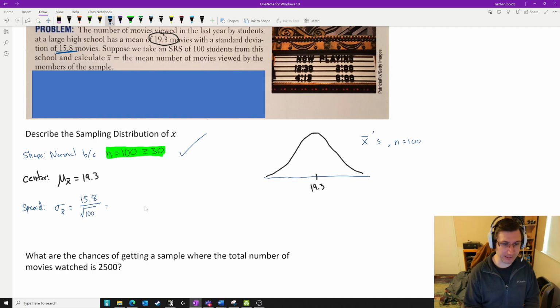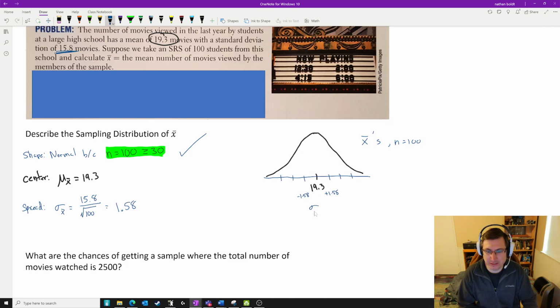I don't have to do that on the calculator, do I? Because that's divided by 10, so that is equal to 1.58. So we know the standard deviation is 1.58. So plus 1.58, minus 1.58 in each direction. Our standard deviation of all the X bars is equal to 1.58.